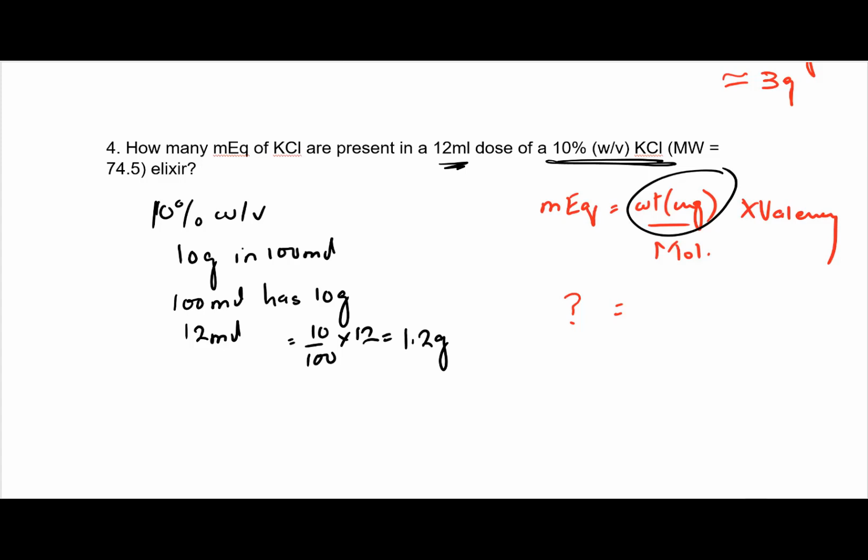The formula needs milligrams. So let's convert this 1.2 grams into milligrams. Going from a bigger unit to a smaller unit, the decimal is going to move towards the right. 1, 2, 3. So it's 1200. Right? Plug that in the equation. Molecular weight is 74.5.